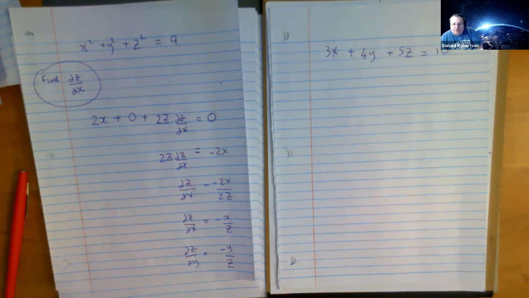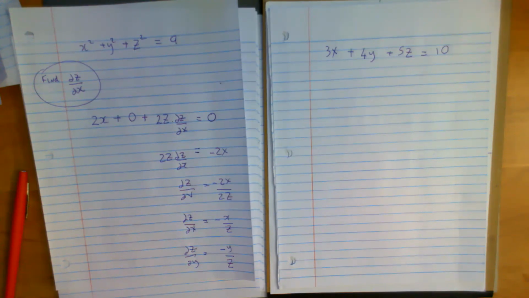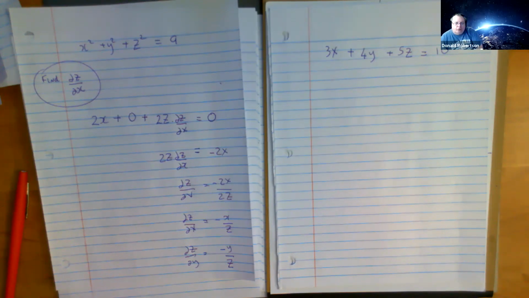In 3D space, what would that look like if you drew it? An ellipse? No. 5x squared plus 4y squared plus 5z squared would, but not x, y, and z.